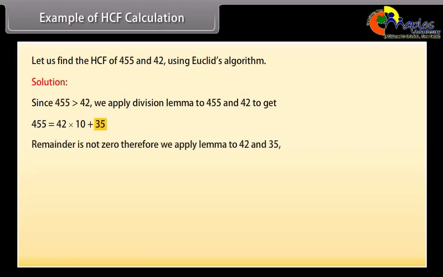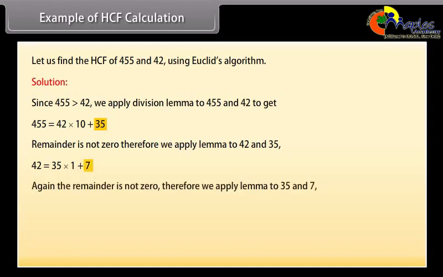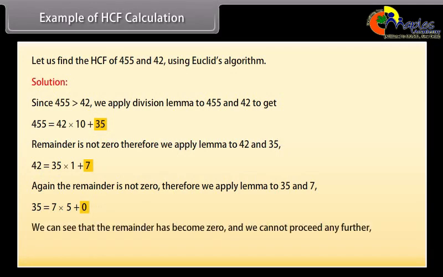Remainder is not 0, therefore we apply lemma to 42 and 35. 42 = 35 × 1 + 7. Again, the remainder is not 0, therefore we apply lemma to 35 and 7. 35 = 7 × 5 + 0. We can see that the remainder has become 0 and we cannot proceed any further. Therefore, the HCF of 455 and 42 is the divisor at this stage.